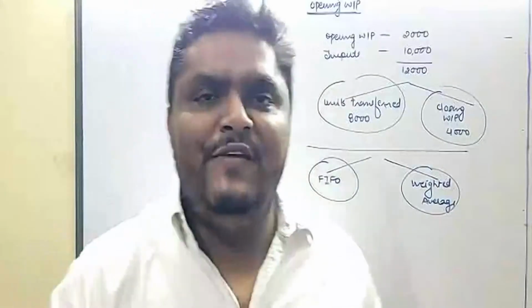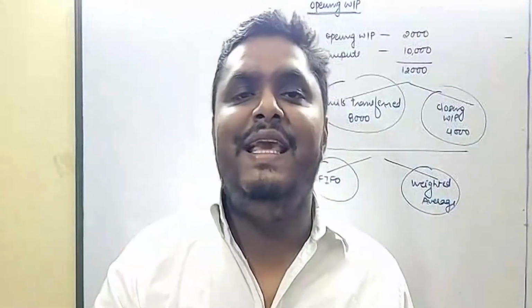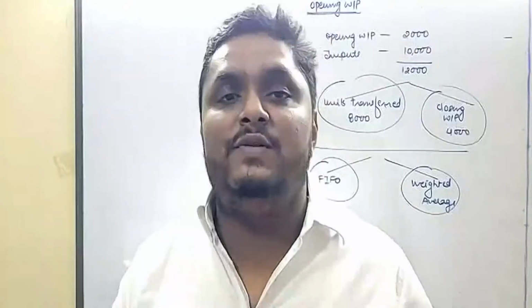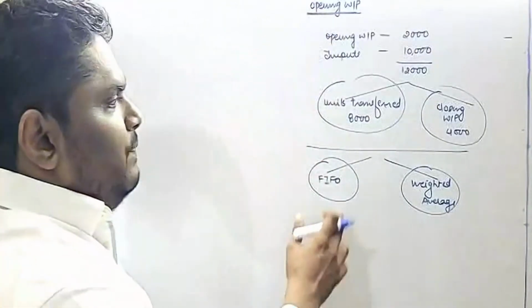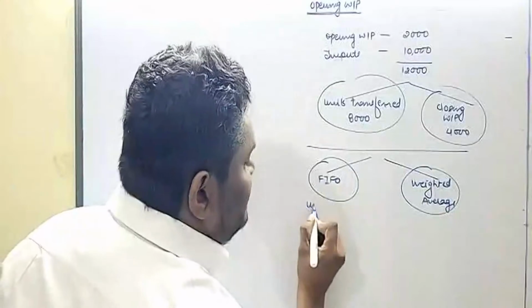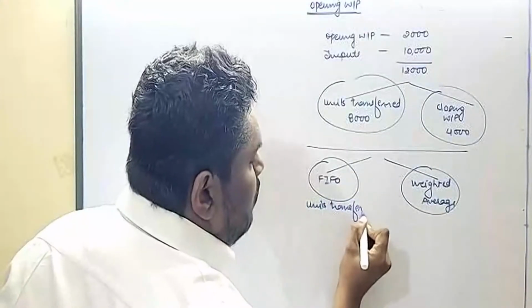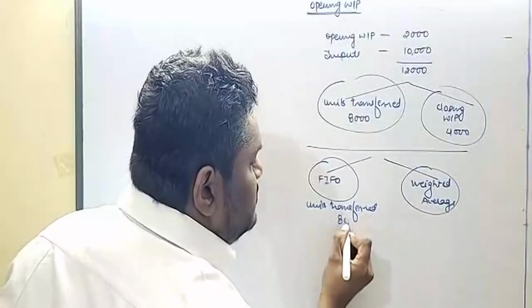When talking about the FIFO method, first in, first out, the units that are first in the process will be transferred first. So herein, the total number of units transferred are 8,000 units.